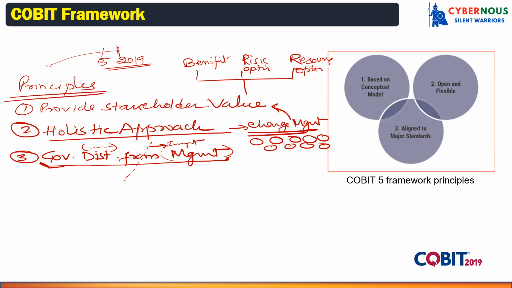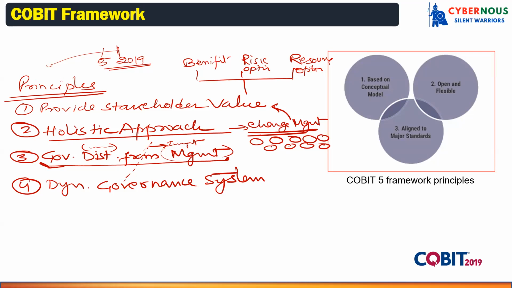Then there is another principle called dynamic governance system. That means your IT landscape keeps on changing. There are new systems coming in, older systems going out, new solutions being procured or developed or implemented.